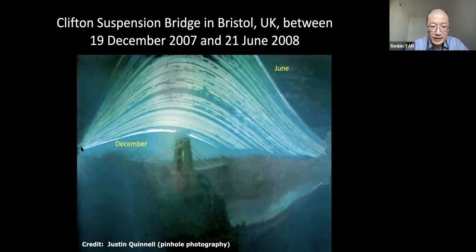You can see here, this is the track of the sun in December. Here are the tracks of the sun in June. You can see in June, the sun reaches a much higher altitude in the sky. In December, it is very low in the sky. This is for England. They are at much higher latitude, so the sun is not as high as we can see in Hong Kong.